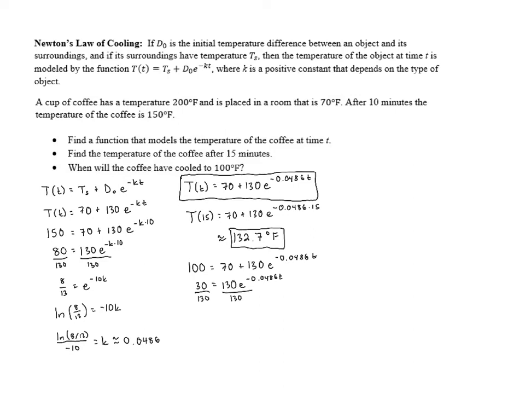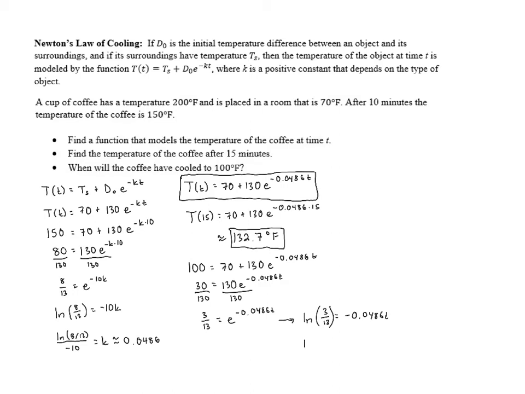When we do that, the left-hand side reduces to 3/13, and that equals e to the negative 0.0486t. We can rewrite this in logarithmic form. That gives us the natural log of 3/13 equals negative 0.0486t.